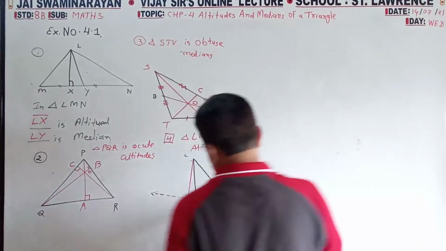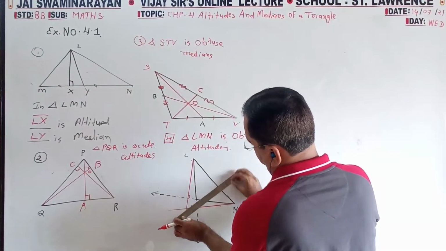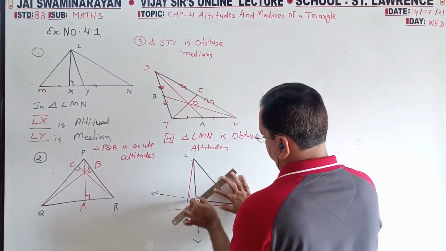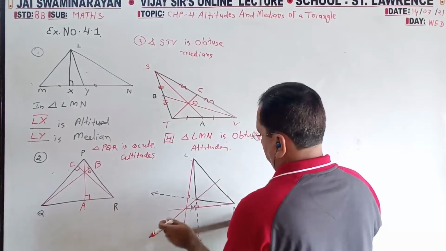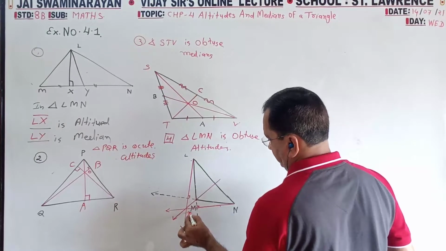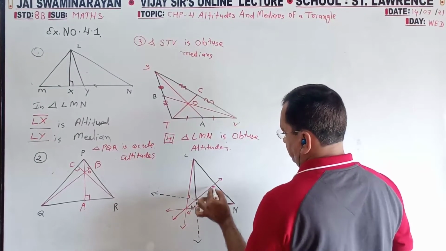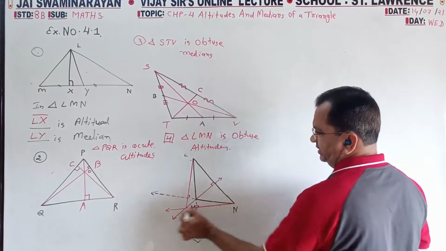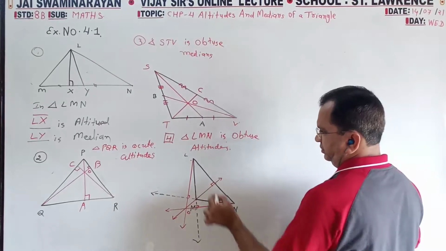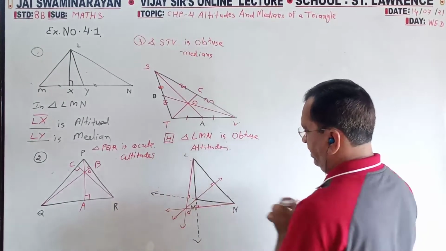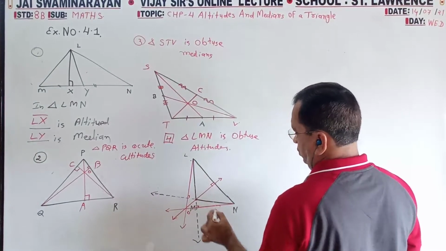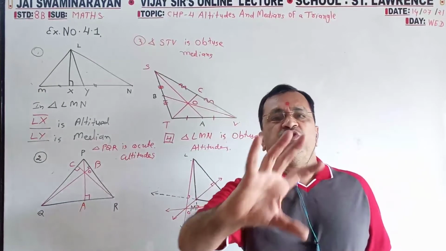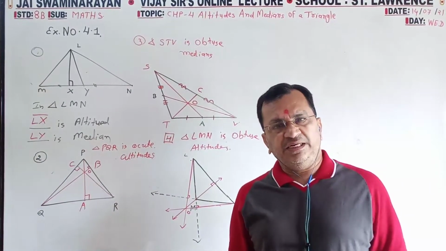And from that only all will meet outside. From this vertex is perpendicular, from this vertex is perpendicular, from this vertex is perpendicular. Correct? So LMN, L to O, N to O, M to O. So in obtuse you will get that point outside.